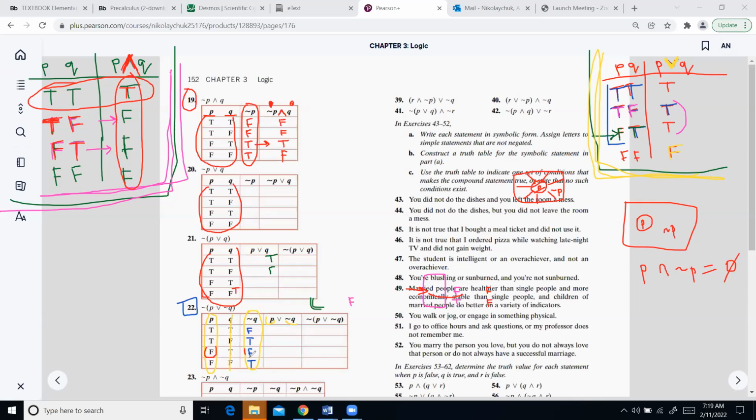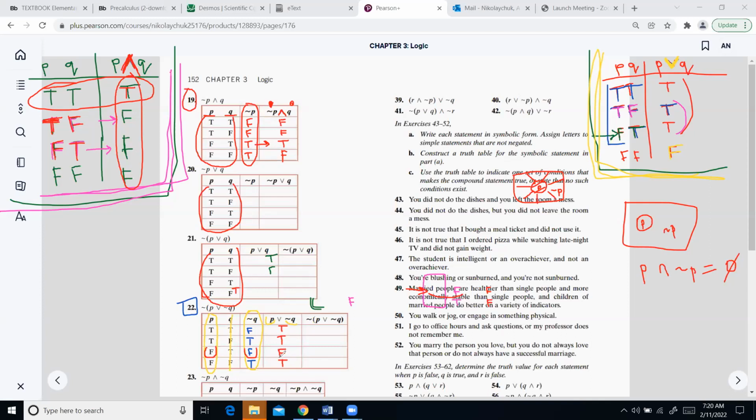This one is false and this one is false. So that's the only F, right? Because for all of the others, I have either one true or both true, or in the last, the second is true. So my other results are all going to be true. So I put 3 of these T's in the remaining spots. So it's not that bad, right?